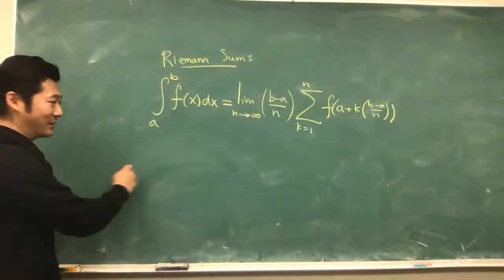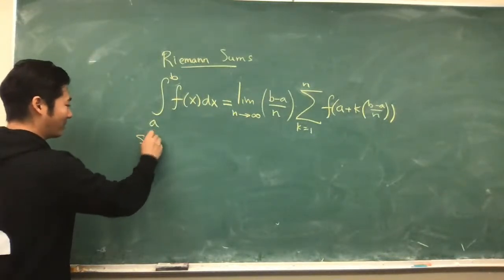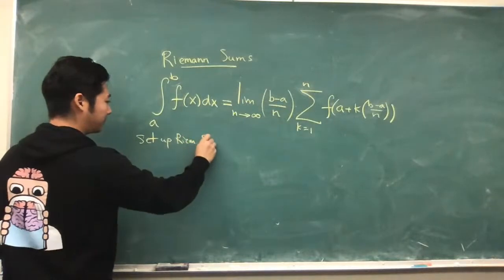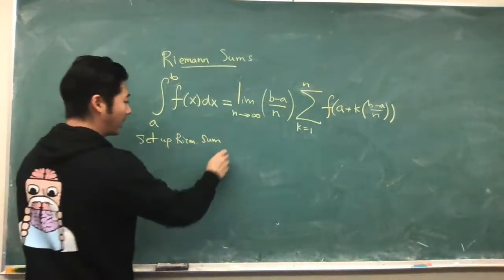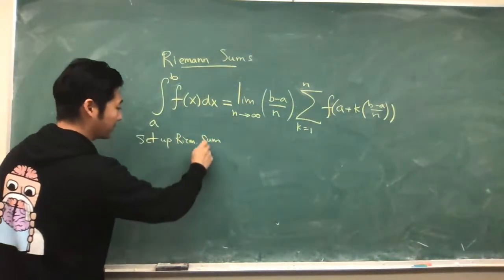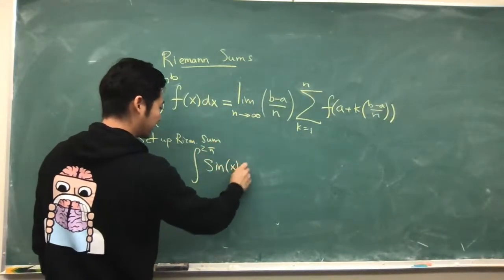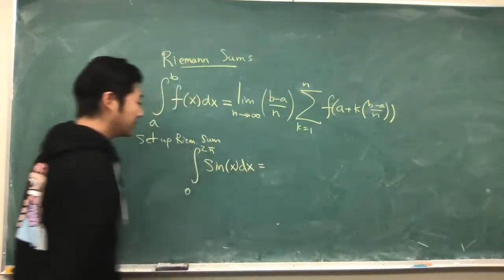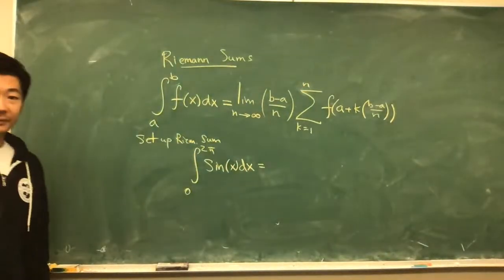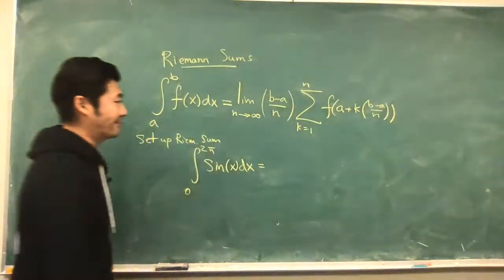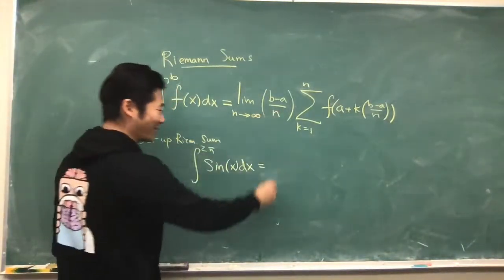Here's a question. It might say to set up the Riemann sum for the integral from 0 to 2 pi of sine x dx. And so what do you do? You just copy this over.